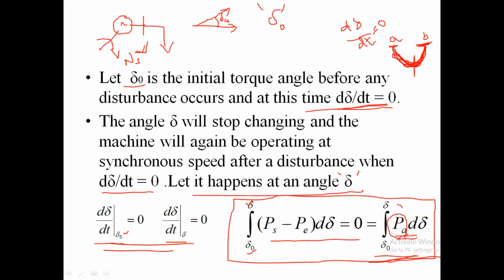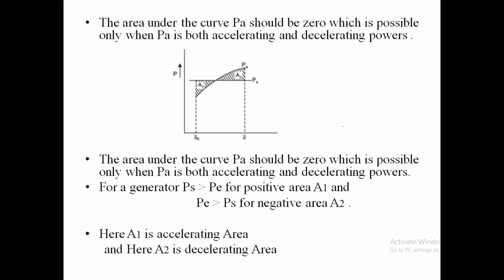So Pa d delta is becoming 0, the area under the Pa is becoming 0. Now what is Pa, the accelerating power? Earlier we have gone through this. Pa is equal to the mechanical power Ps minus Pe. The difference between Ps and Pe is known as Pa, the accelerating power.